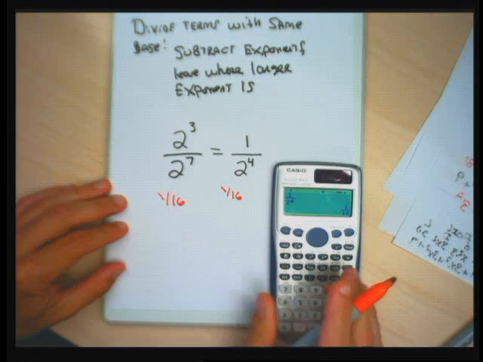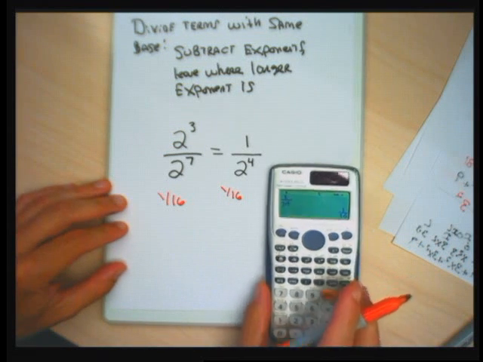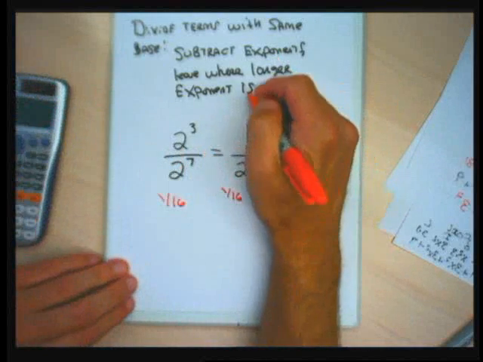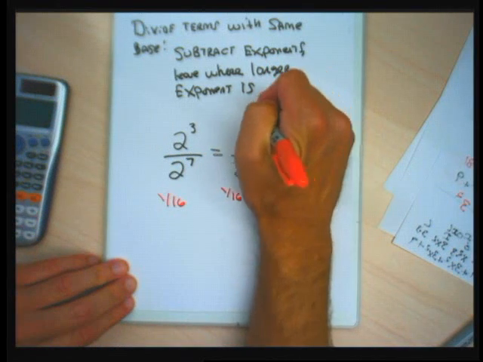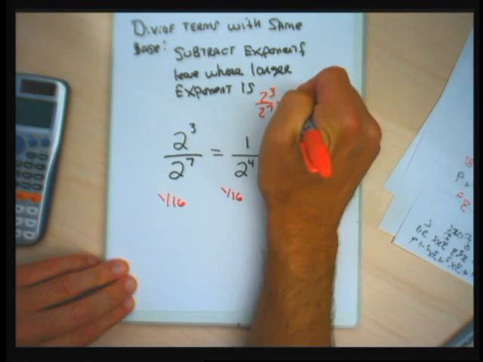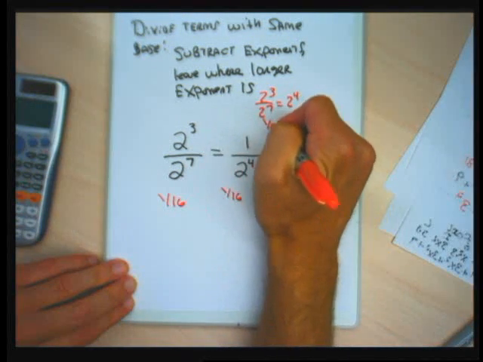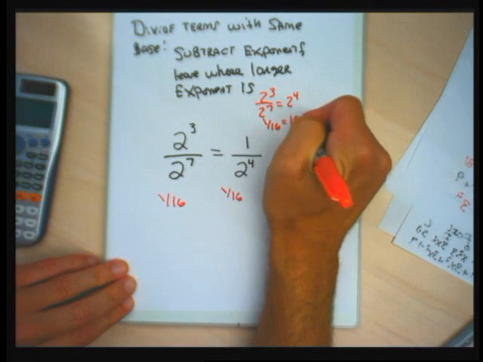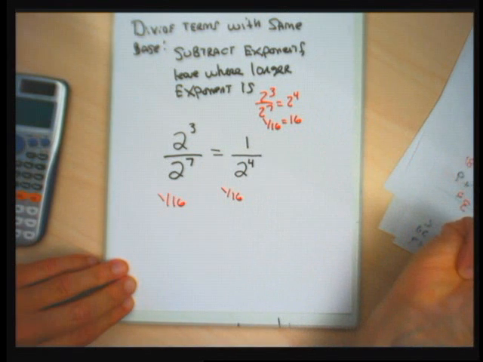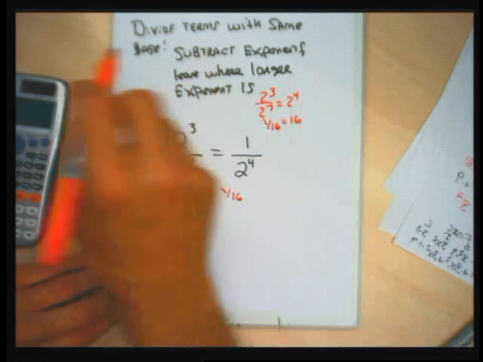If I had written 2 to the fourth not as a fraction, it would be wrong. If I said 2 cubed over 2 to the seventh equals 2 to the fourth and didn't make a fraction, that would be 16, and 16 doesn't equal 1/16.